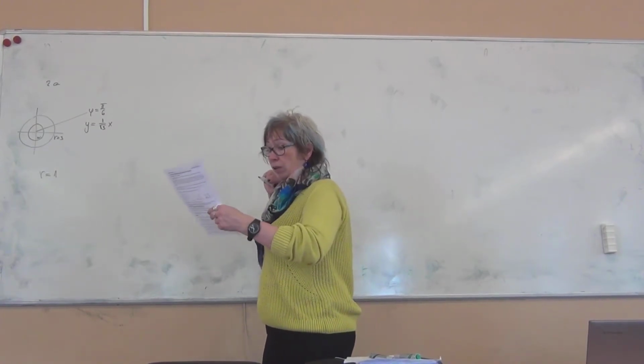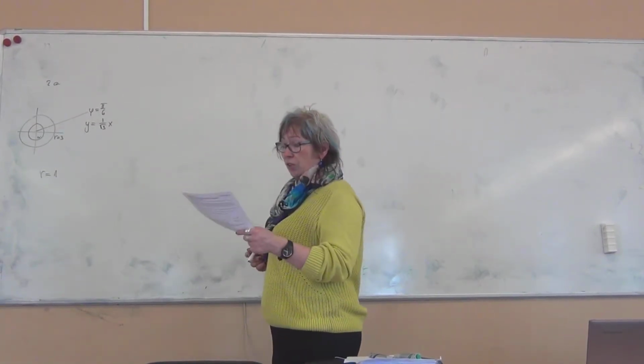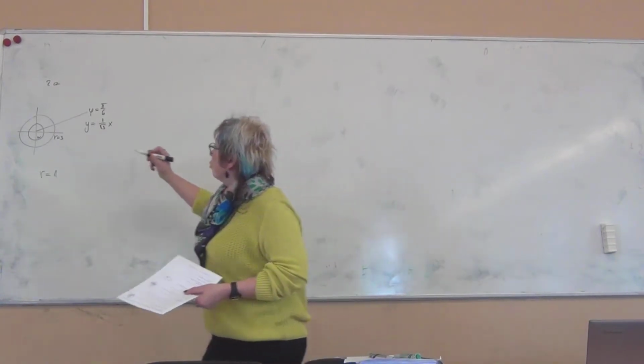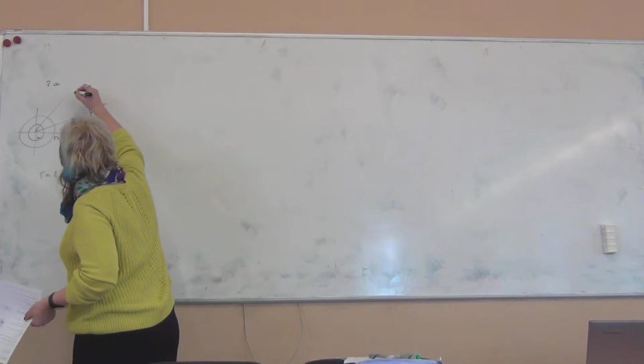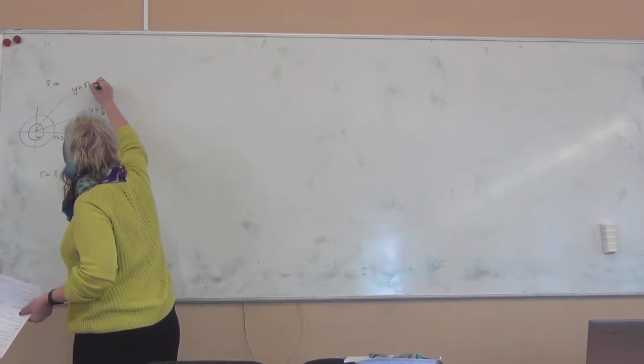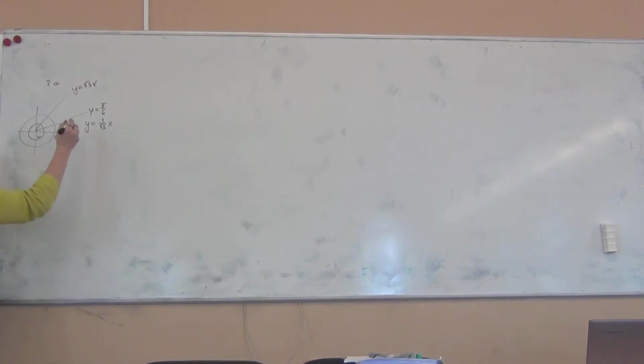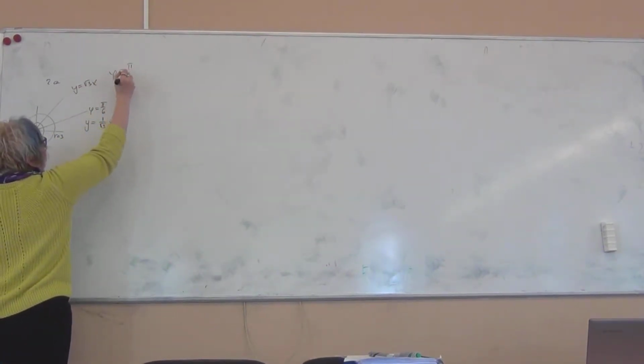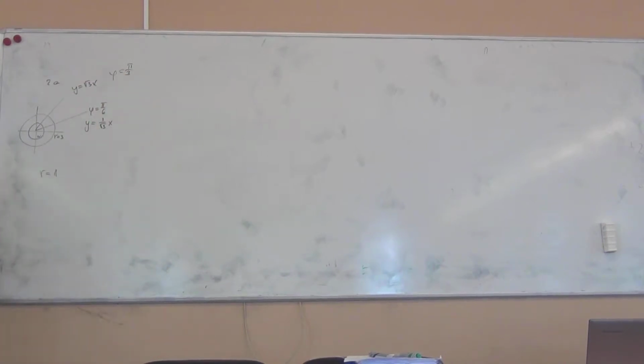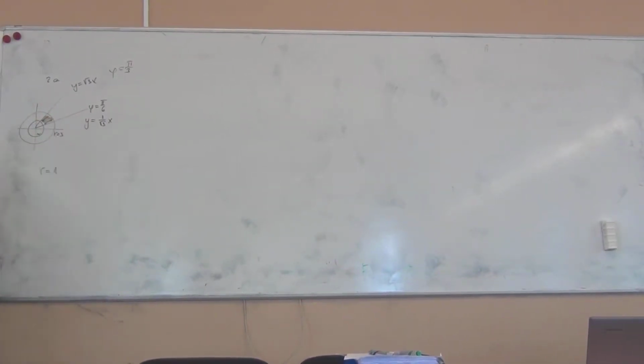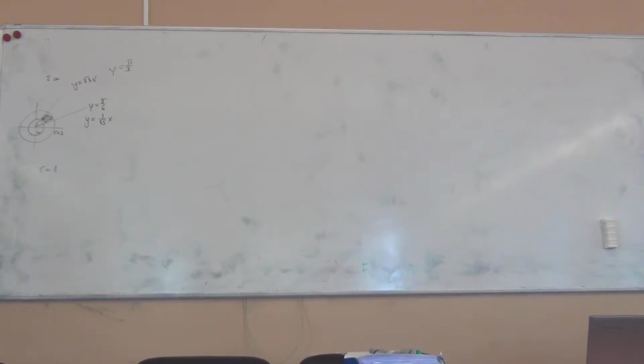Y equals square root of 3x, 2 lines, which means they correspond to angles pi over 6 and pi over 3, because the gradient of a line is the tangent of the angle between this line and the x-axis. Therefore we have pi over 6 this angle, pi over 3 this angle, so the region of integration is that.